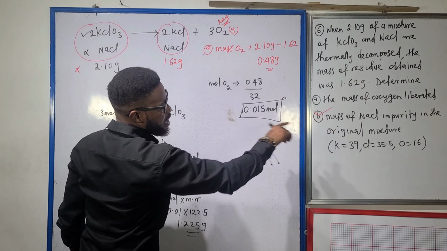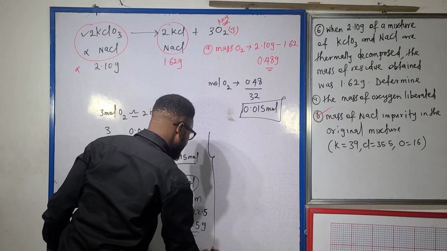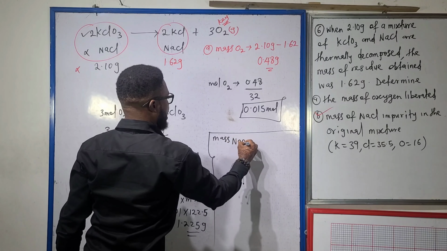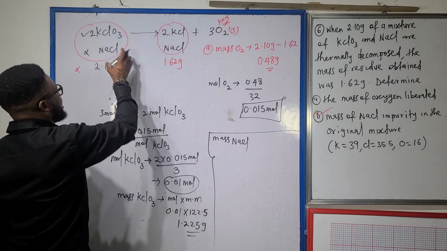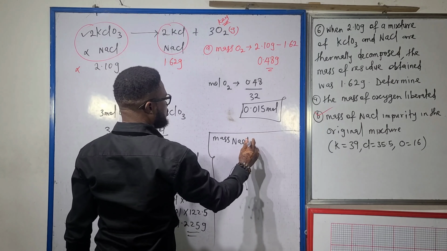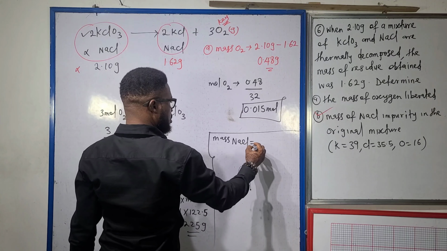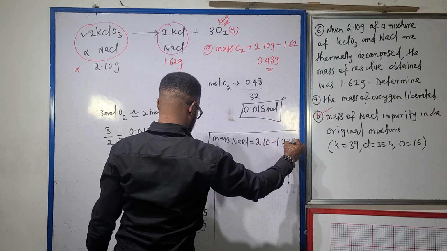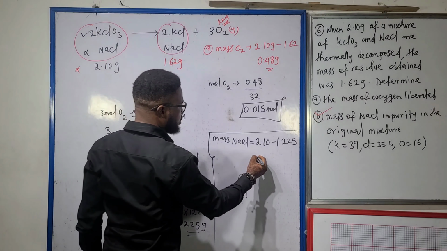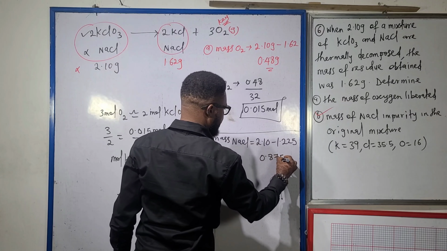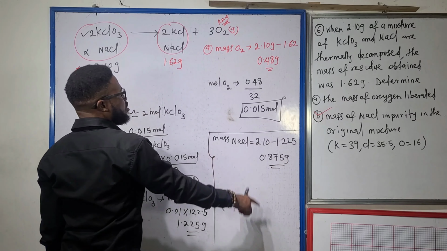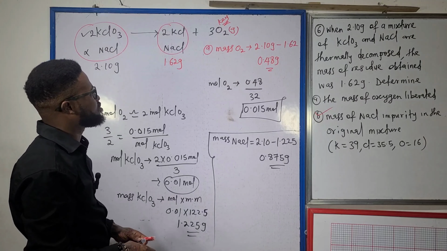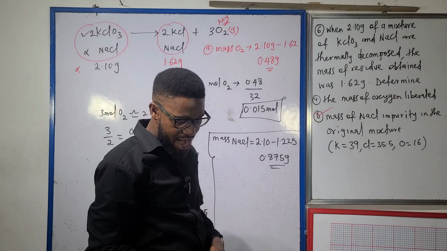So mass of sodium chloride impurity in the original mixture, okay? They are seeing it as an impurity now. Mass of sodium chloride impurity in the original mixture will be 2.10 minus 1.225 gram, so 0.875 gram. That is the mass of NaCl in the original mixture.